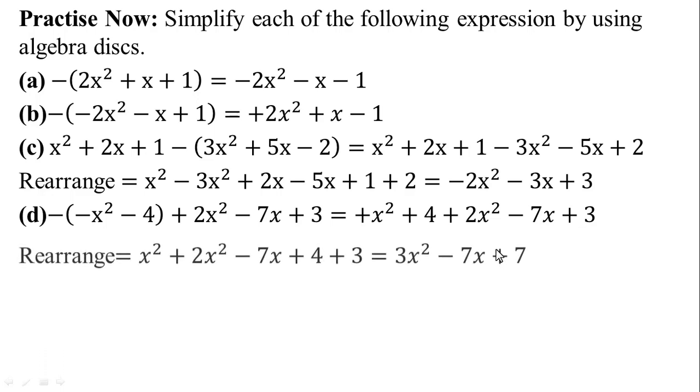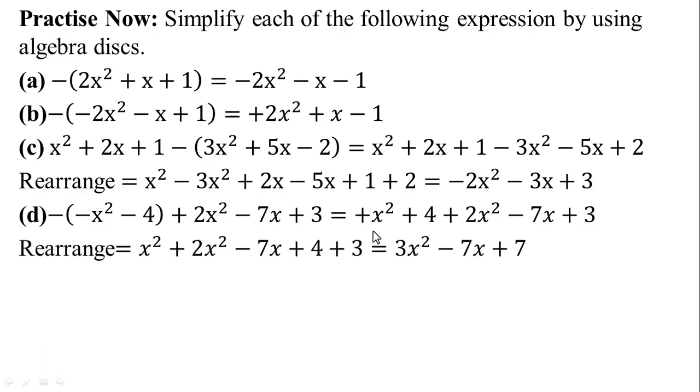Now rearrange the values, then we have x square plus 2x square minus 7x plus 4 plus 3. Now 2 plus 1, then answer is 3. Then the answer of D part is 3x square minus 7x plus 7.